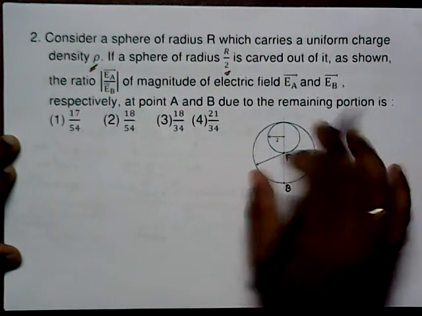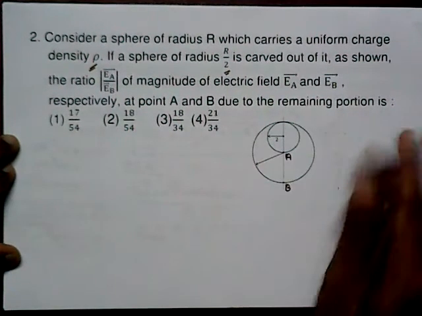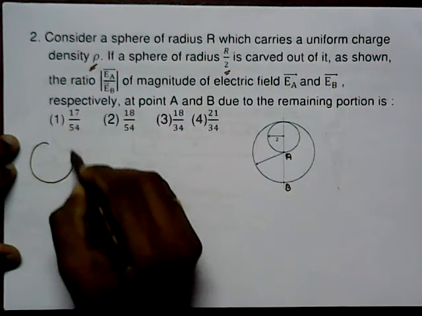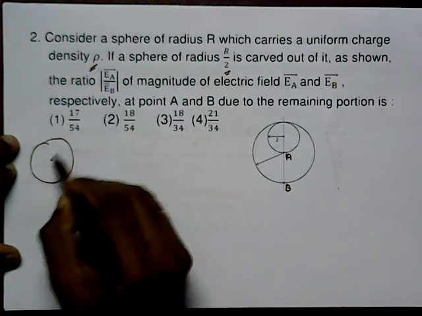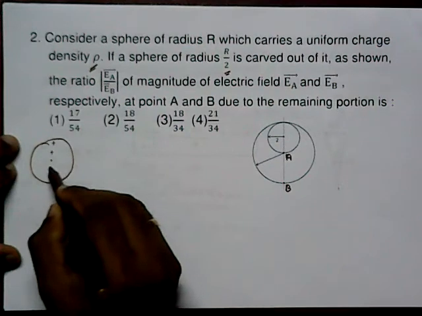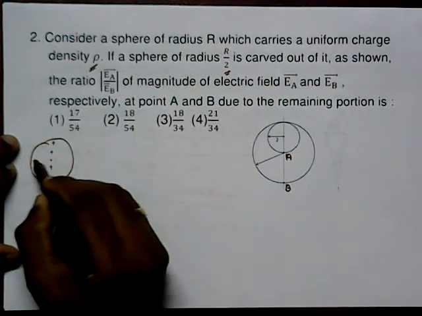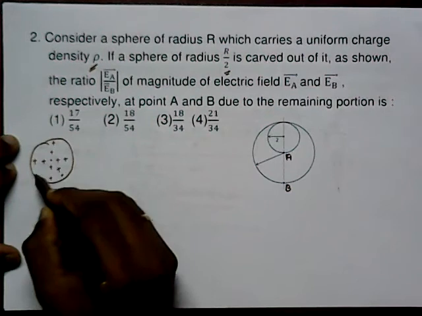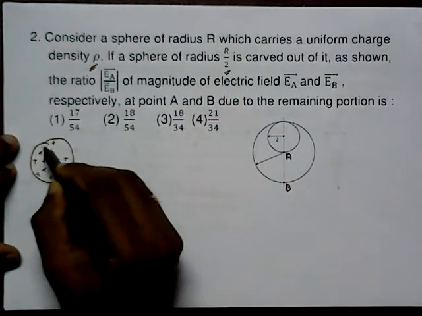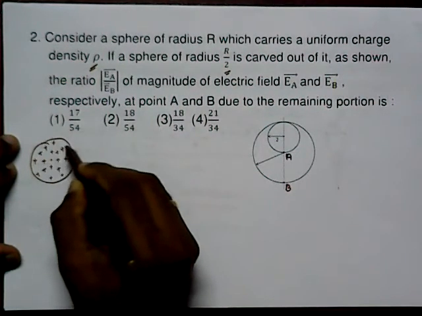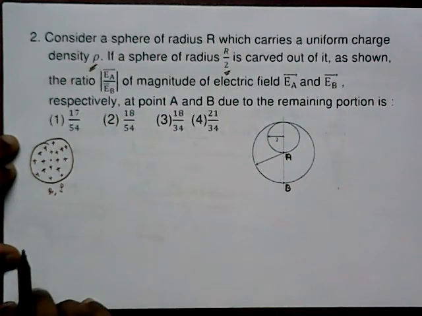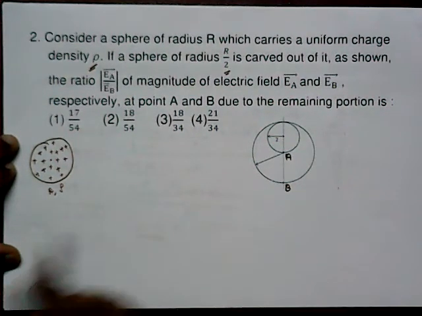But we can consider this as a whole sphere. So it is uniformly charged with the rho value, and we can say it is with a radius R, with the volume charge density as rho.